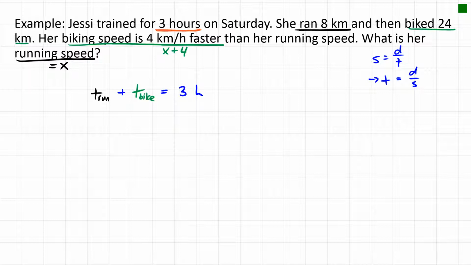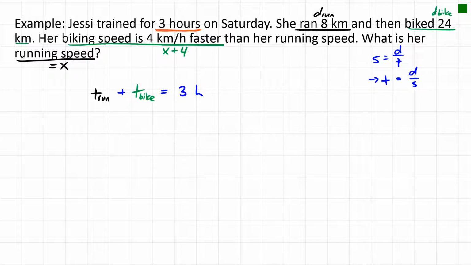And now, just like that last problem, we're going to replace time with distance over speed, since that's where all of our knowns are. Here's our distance for running. We have a value. Here is our distance for biking. We have a value. And we also have our variables tied up in the speed.